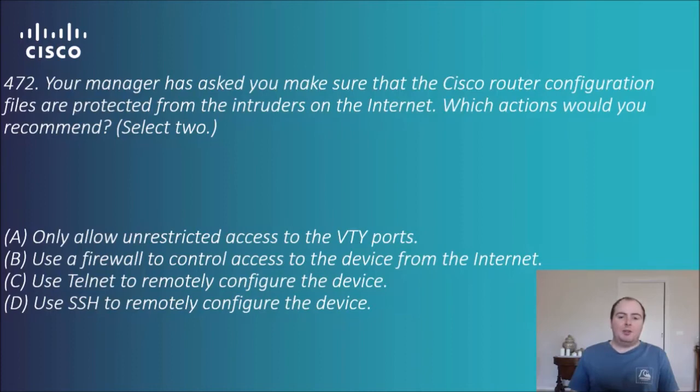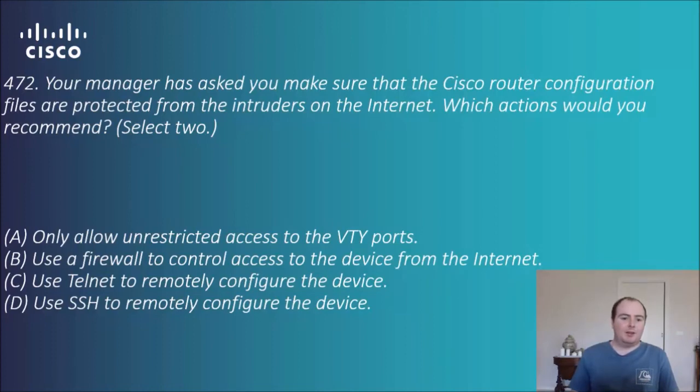Your manager has asked you to make sure that the Cisco router configuration files are protected from the intruders on the internet. Which actions would you recommend? So we've got allow unrestricted access to the VTY ports, use firewall to control access to the device from the internet, use telnet to remotely configure the device, use SSH to remotely configure the device. You generally don't want any unrestricted access in security, so we can rule that one out.